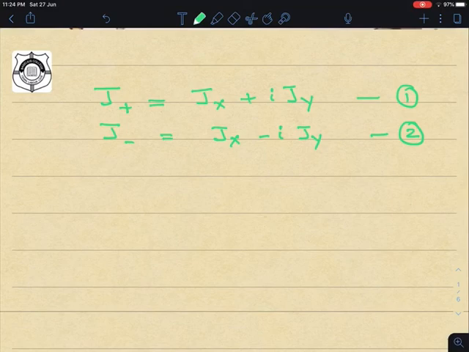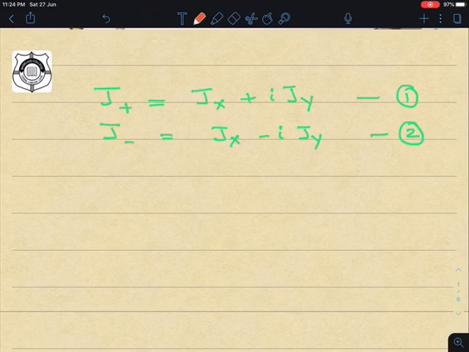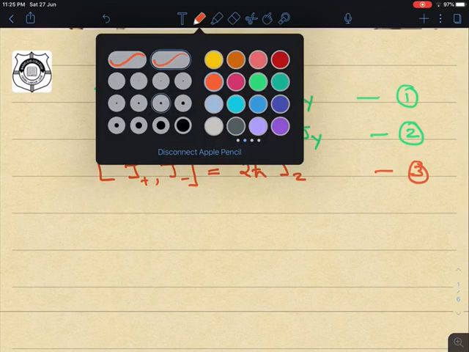Again, in the previous video lectures, we talked about the commutation relations of J plus and J minus. The first one we discussed was the commutation of J plus and J minus, which is given by 2 h cross Jz. That will be equation number 3.